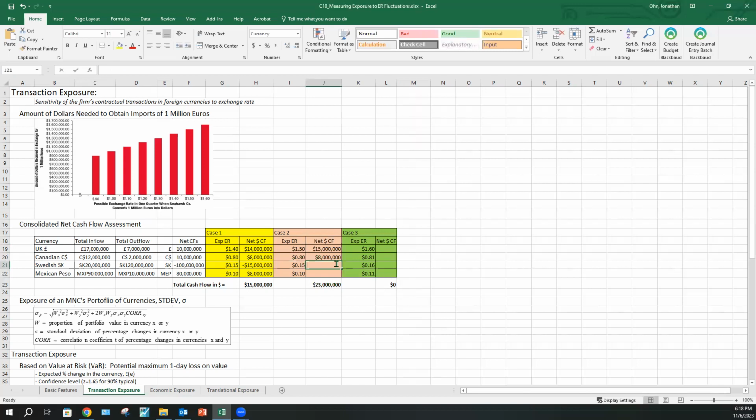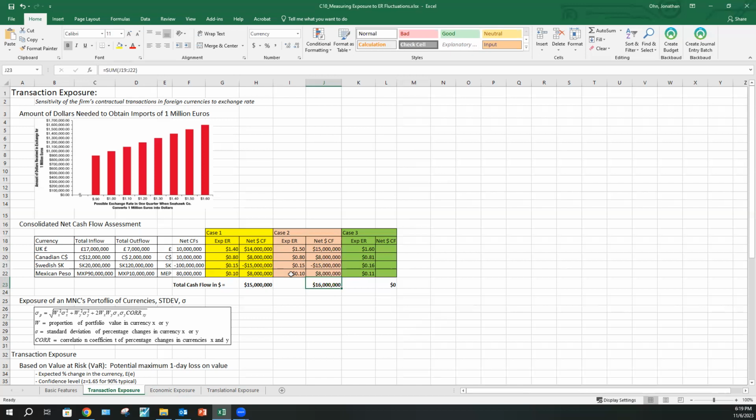And this one is the same thing, 100 million krona and 15 cents. And this one is 80 million Mexican peso and 10 cents. All right, so for the second case of projected currency values, what you see is $16 million.